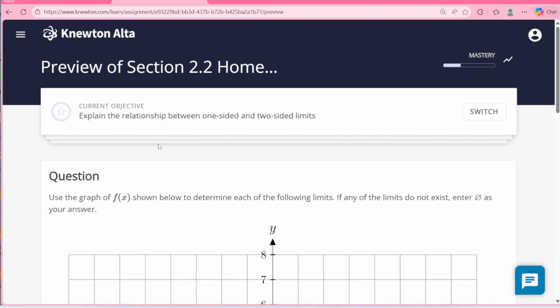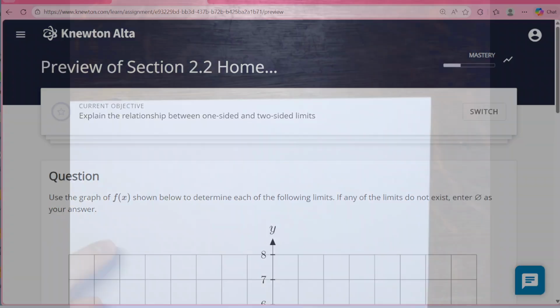So this next objective: explain the relationship between one-sided and two-sided limits. What I showed you earlier would have been called a two-sided limit. So I'll explain this here.